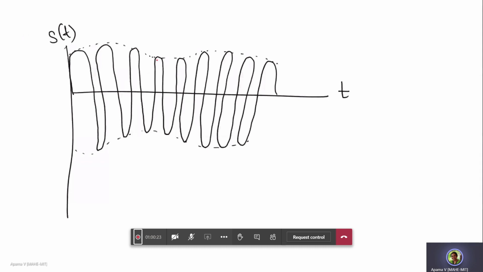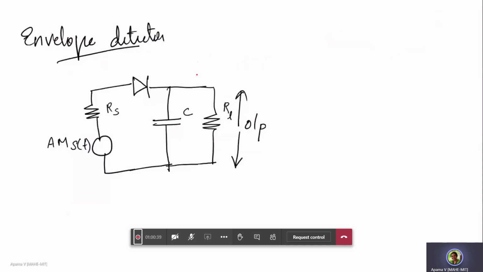The carrier signal is getting modulated. This envelope, if I recover it back, is nothing but my message signal. This will be my message signal. So how to recover this envelope? That is my question, and the answer is the envelope detector.